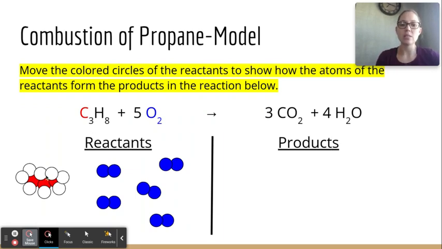You can't make any new spheres here. Your carbon are represented by red, your hydrogen are represented by white, and your oxygen are the blue spheres. So I'd like you guys to rearrange them into the products to show that we are abiding by the law of conservation of mass. So pause the video, try it out, and then we'll talk about the answer.